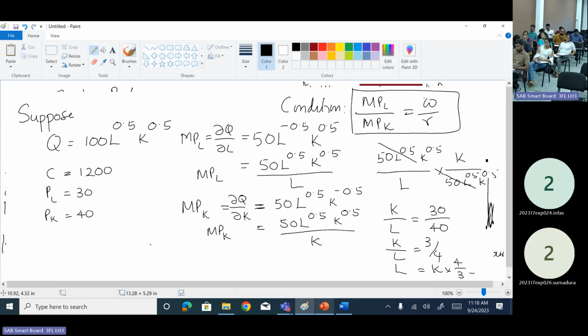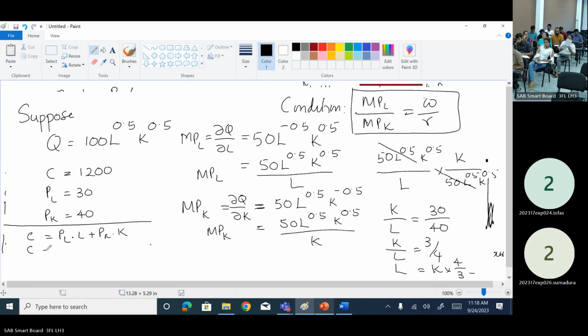Then the other aspect we have to consider is cost. Cost also we have to consider. I write it here: the company's price of labor into labor plus price of capital into capital.